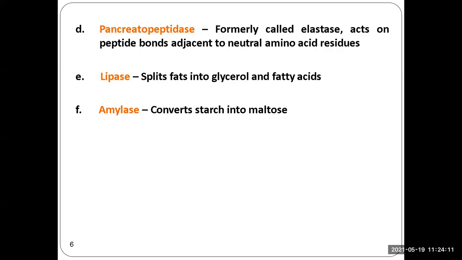No doubt, bile, the liver secretion, is also essential for emulsification, to prepare the fat molecules for better action of the lipases. Similarly, the third type of enzyme is amylase, and it helps in the conversion of starch into maltose.